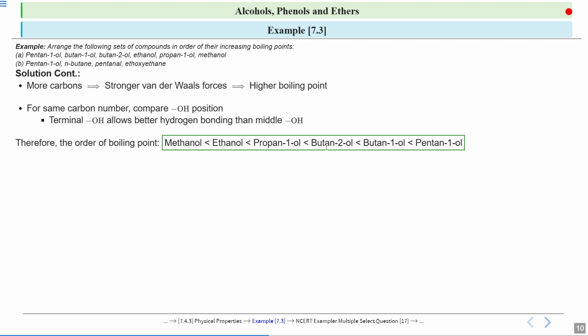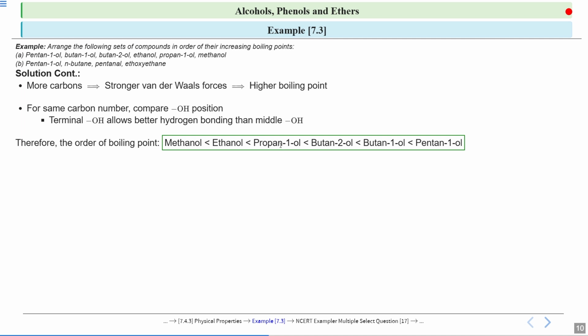After this comes butane 2-ol, where the OH group is attached to the second carbon. Since the OH is attached to the middle carbon, and terminal OH allows better hydrogen bonding, butane 1-ol will have a higher boiling point as compared to butane 2-ol.